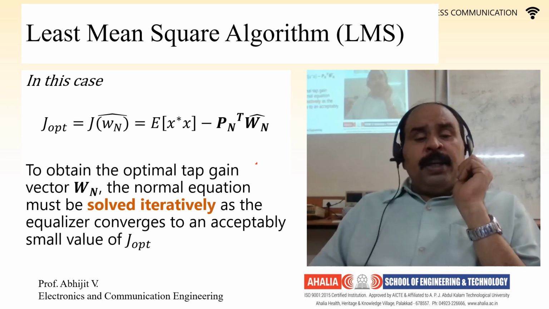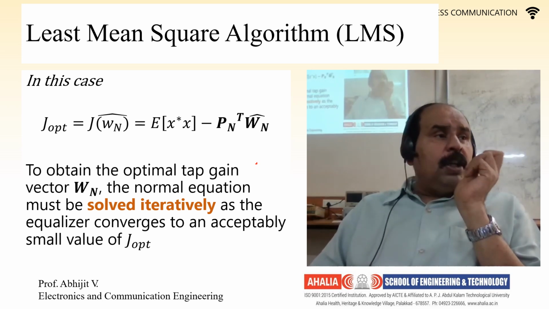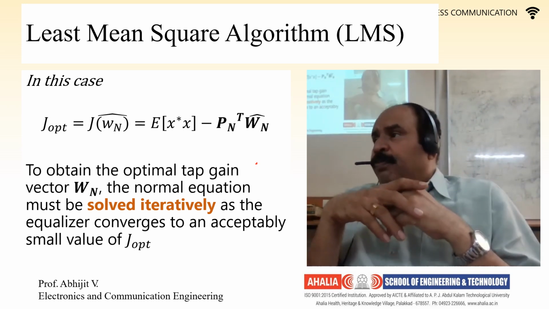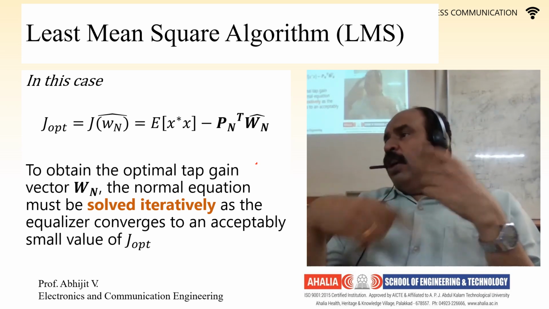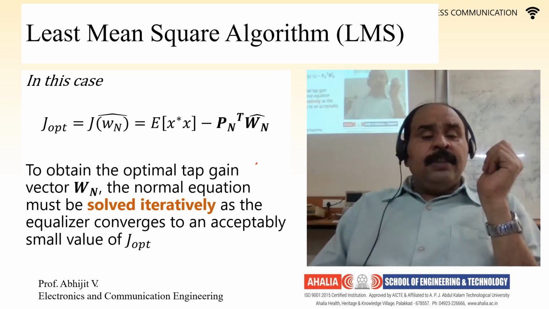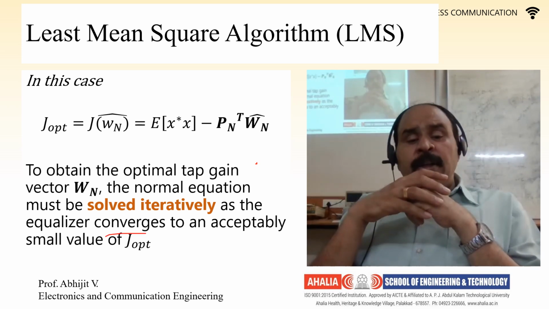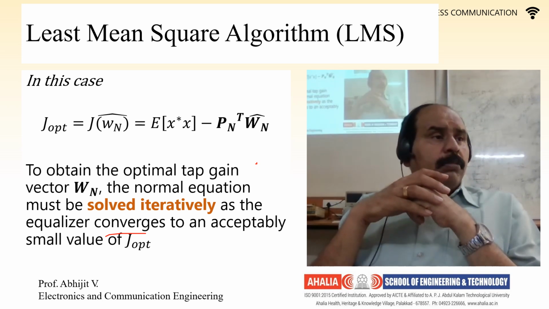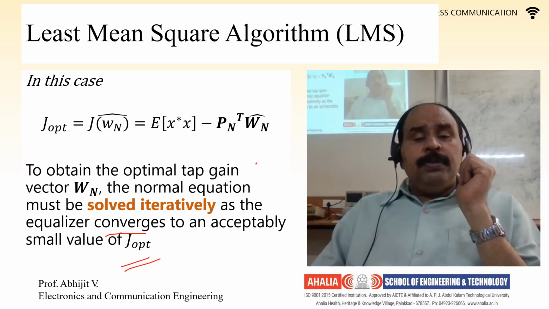To obtain the optimal tap gain w_n, the normal equation we wrote in the previous slide has to be solved iteratively. Iteratively means continuously, up to how many times? N times or n minus 1 times, because it keeps repeating till the number of taps is reached. As the equalizer converges, this is the principle of convergence, it converges to an acceptably small value of J opt, the optimal value of J.